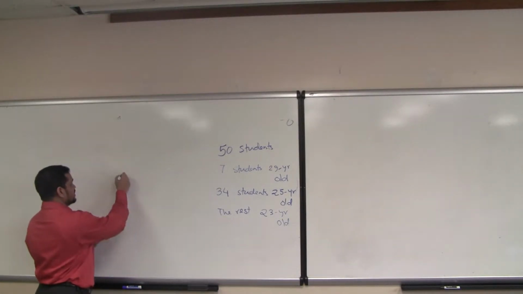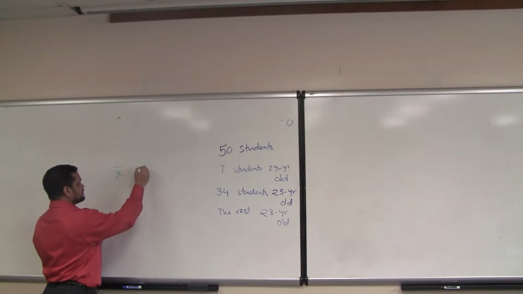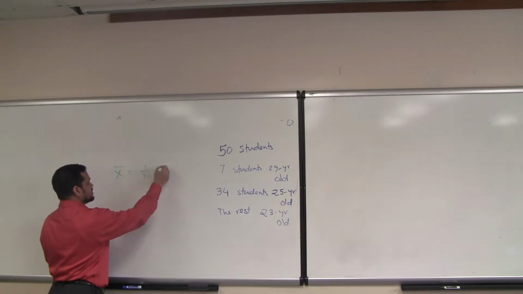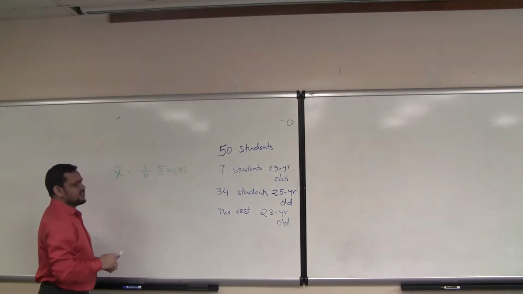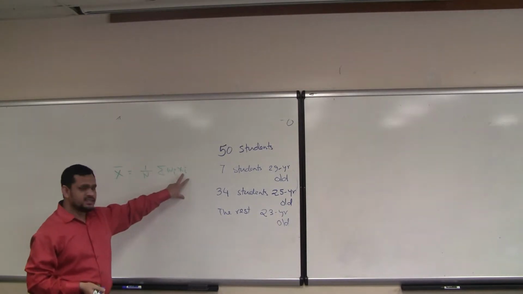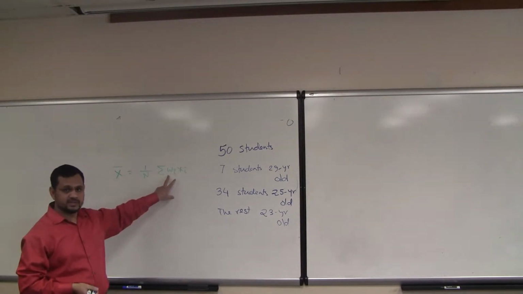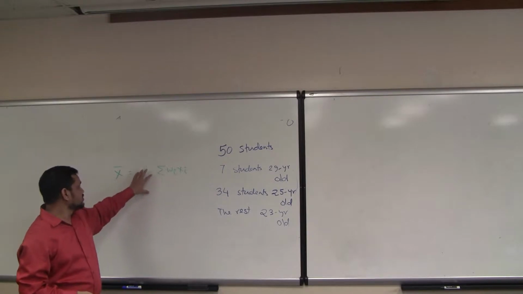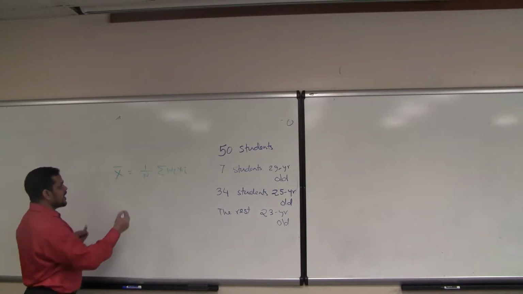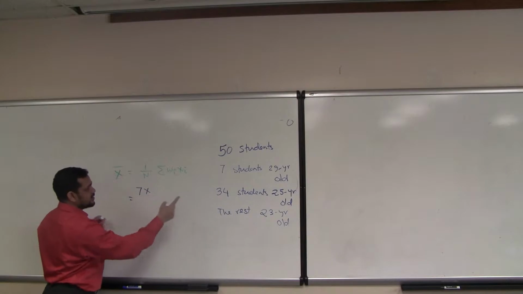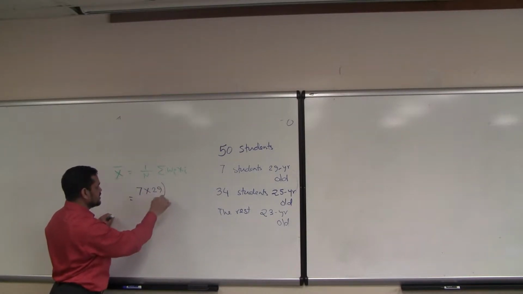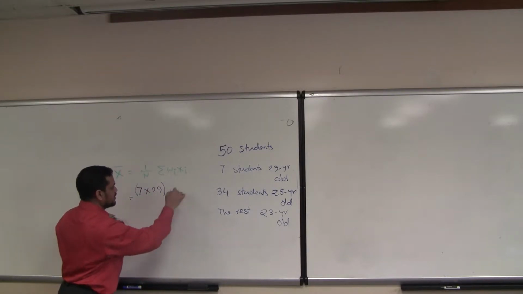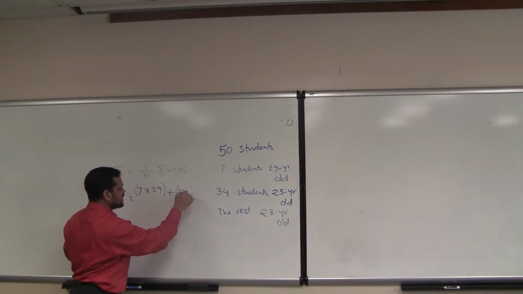The equation says x bar is 1 over n, summation of wi xi. This is my age, this is the frequency or number of students, and this is my total number. So 7 students, their age 29. Then 34 students, their age 25.